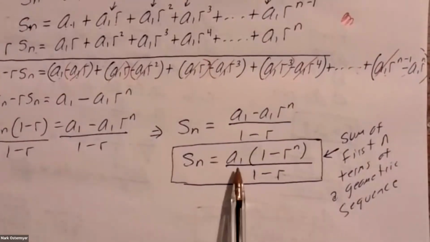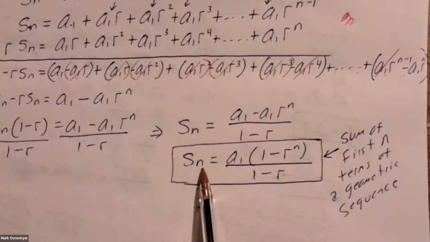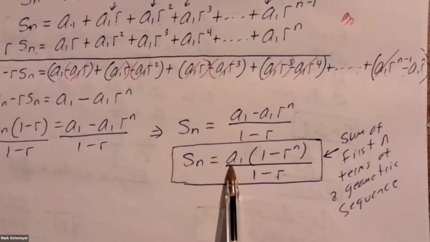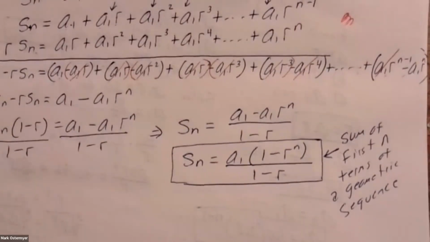Of course, in order to do that, you have to know how many terms you're adding together. You have to know what n is. You have to know your first term, and you have to know your common ratio. Okay, so let's see if we can put that to use here to help us out.